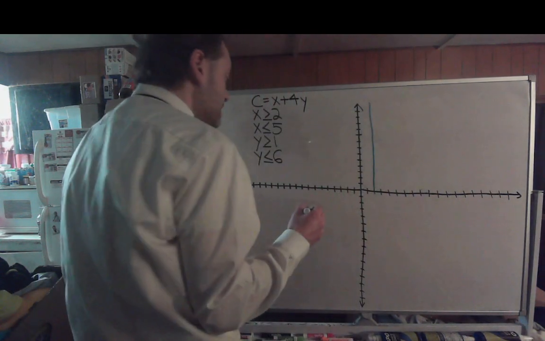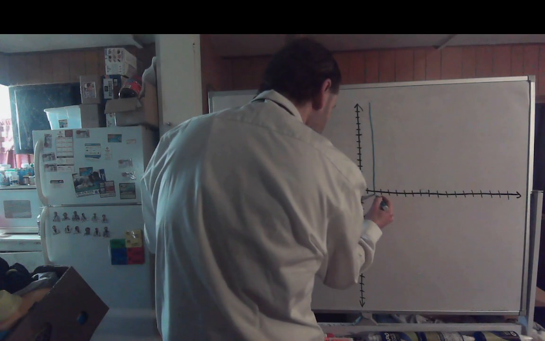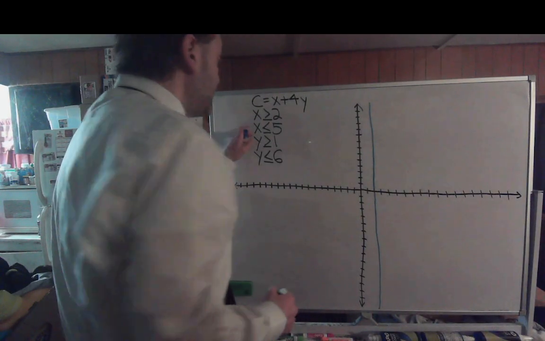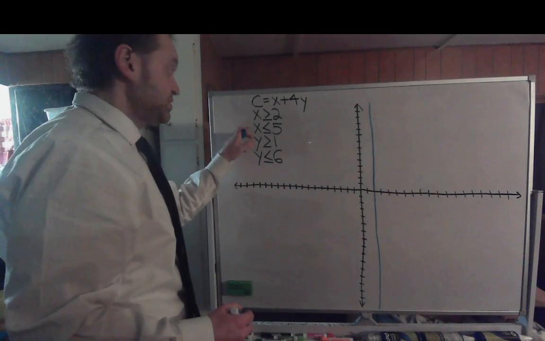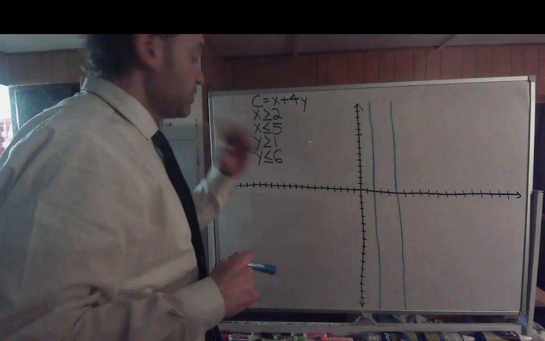And then you have x is less than or equal to 5, so that'll be another vertical line through x equals 5. Okay, so far we have our region there.